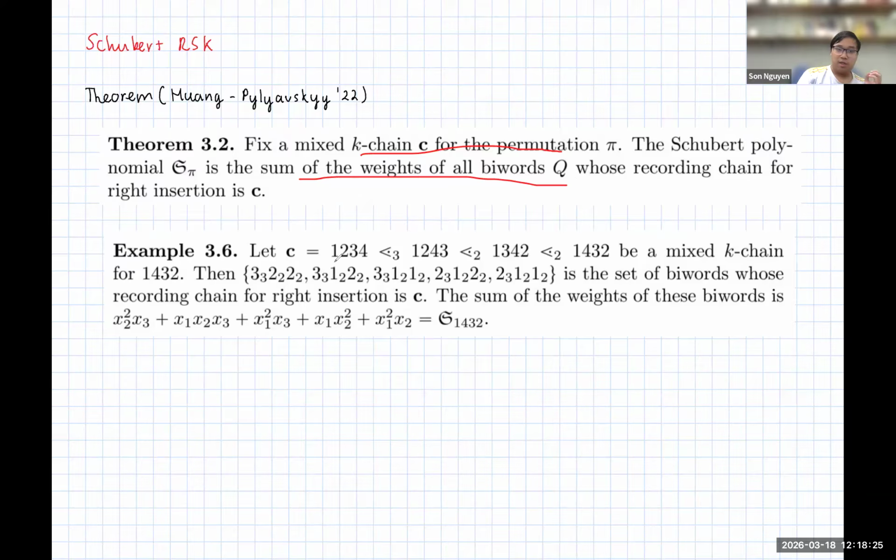So for example, in this one, I fix this recording chain. These are all the bywords I can use to get this recording chain. And I take the sum of their weights, I get the Schubert polynomial I want. Any question about this?